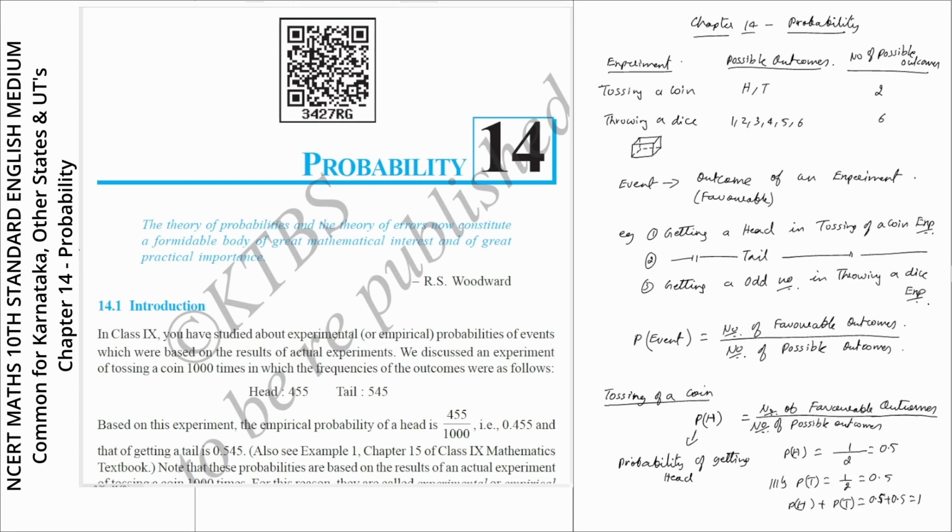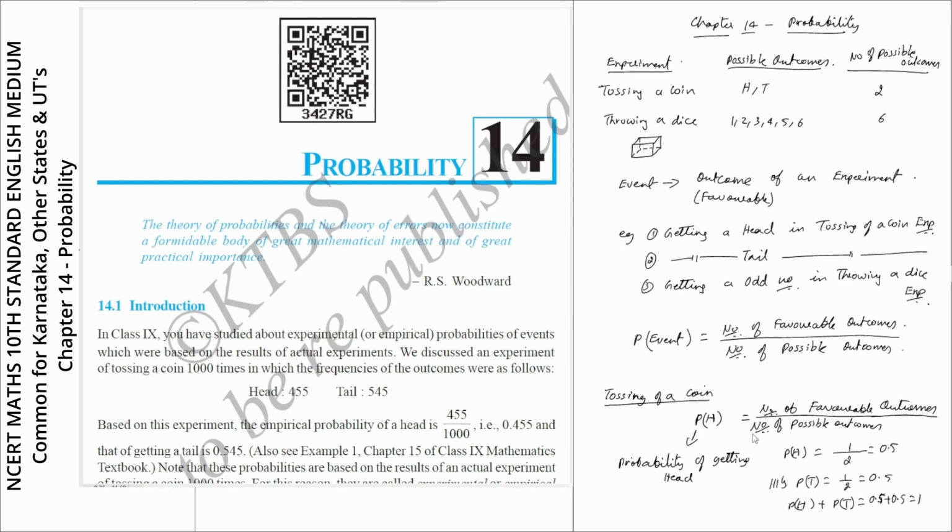Probability of an event is simply denoted as P of event, and this is equal to the ratio of the number of favorable outcomes to the number of possible outcomes. For example, in the tossing of a coin experiment, if H is the event of getting a head, then the probability of getting a head is denoted by P of H. Going by the standard definition, it is the ratio of the number of favorable outcomes to the number of possible outcomes.